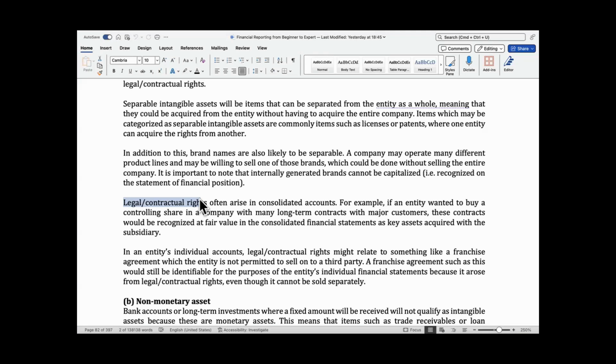So there are some intangible assets that you can identify because they arise from legal or contracts. Or in the individual accounts of entities, for example, you can have assets like a franchise. A franchise is like all these Apple stores you see around, the original Apple outlets that you see in Nigeria.